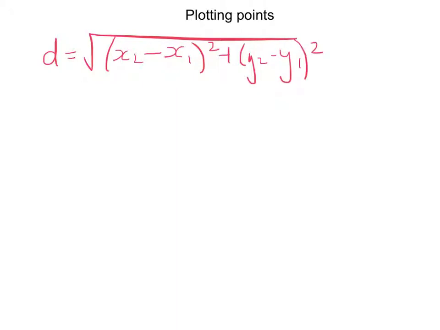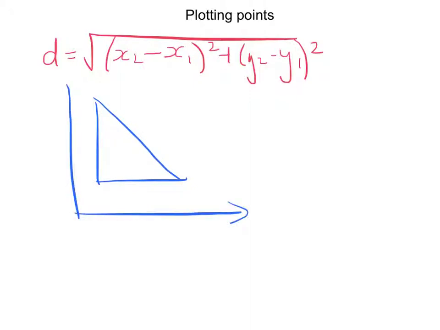Now just remember that that just comes from if I have a triangle on my x and y axes. So which one is D? D is of course the hypotenuse, that's my 90, and the x, this first part, just comes from this distance here.